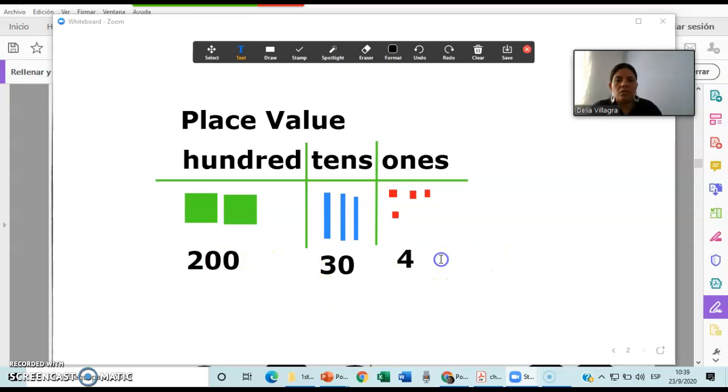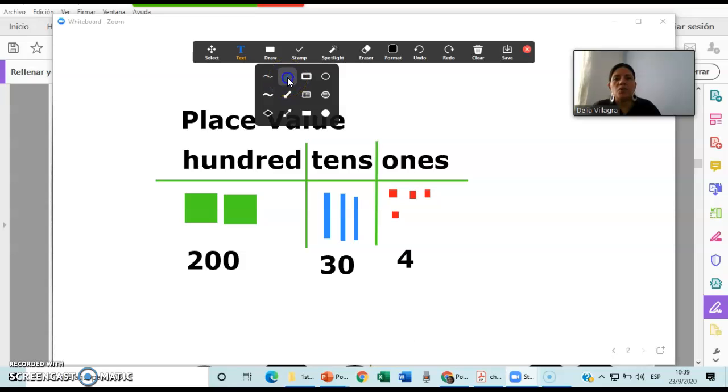So this is called an expanded form. I just start first, I put the first number in 100, 2. And then the first number here, 3. And then I just add 4.